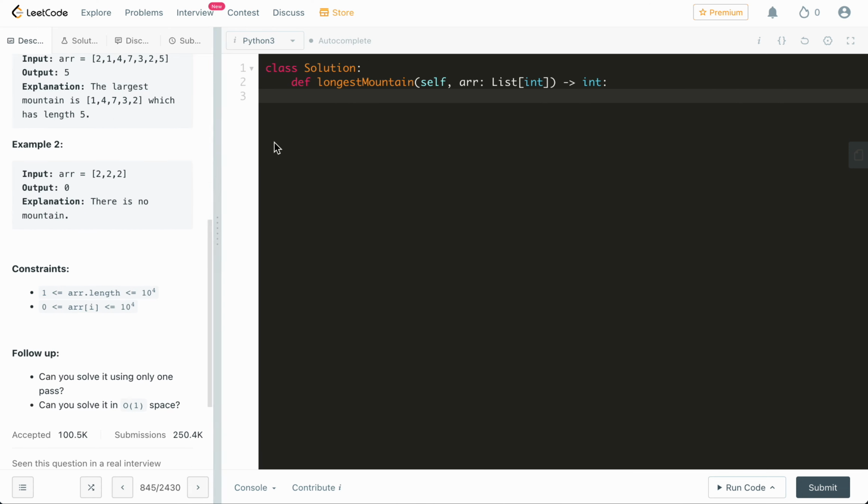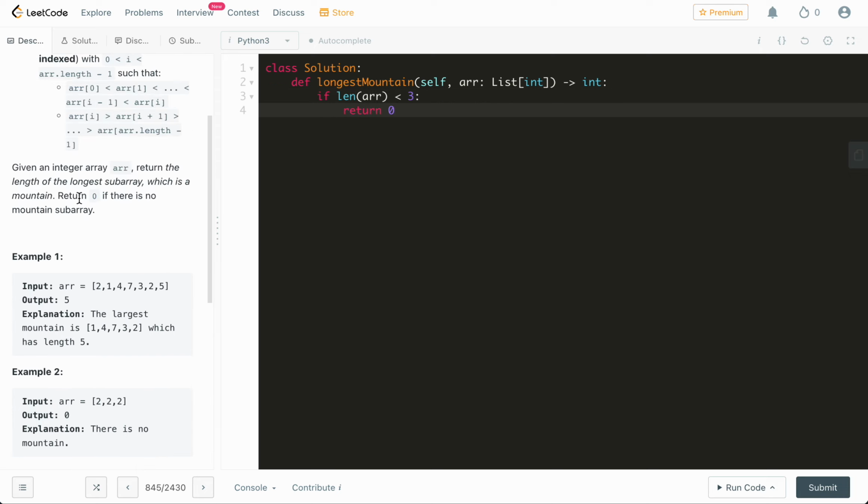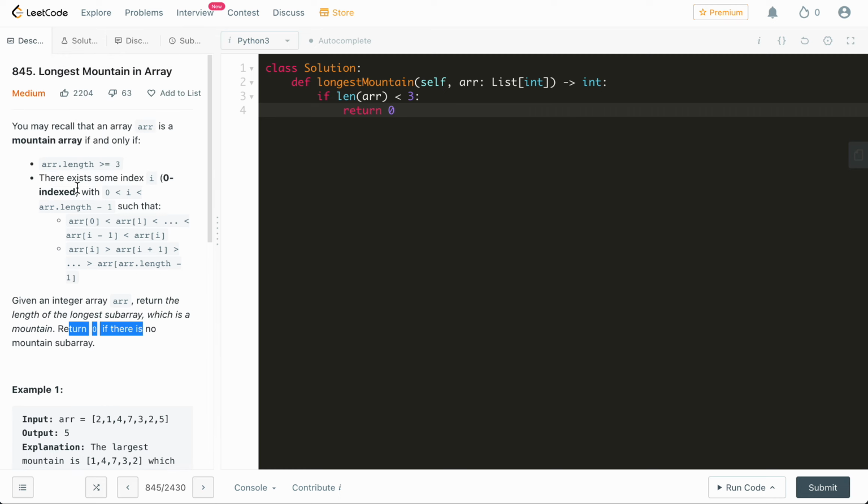So we've been told that if the length of the array is less than 3, then we're going to return 0, which it says right here. Return 0 if there are no mountains, and there are no mountains if the whole array is less than 3. Can't we agree on that? And we need a couple of variables here.